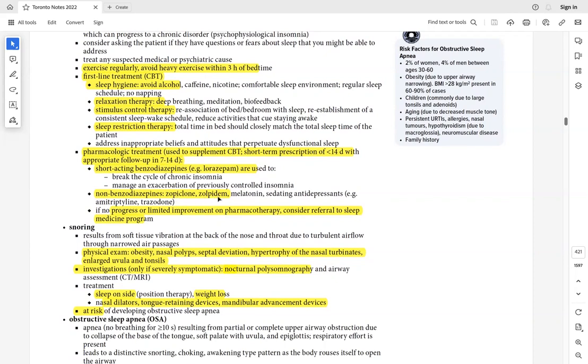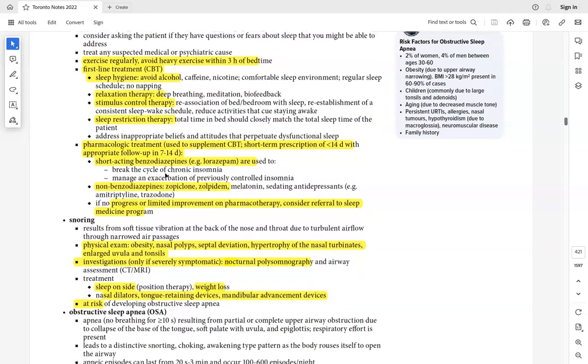If symptoms are still not getting better, then we can start benzodiazepines just for a short time, a limited dose, and we will monitor them. That is just for 7 to 14 days. So our first answer cannot be benzodiazepines. That is wrong.